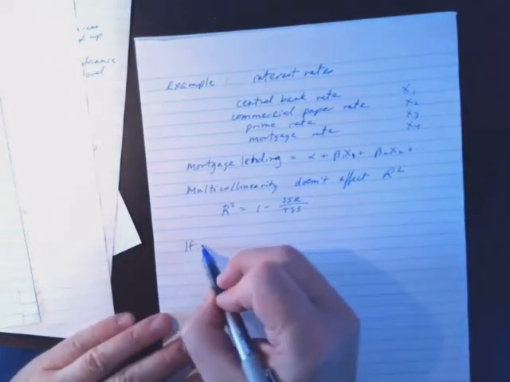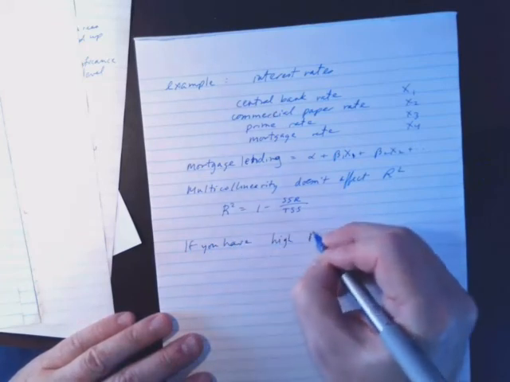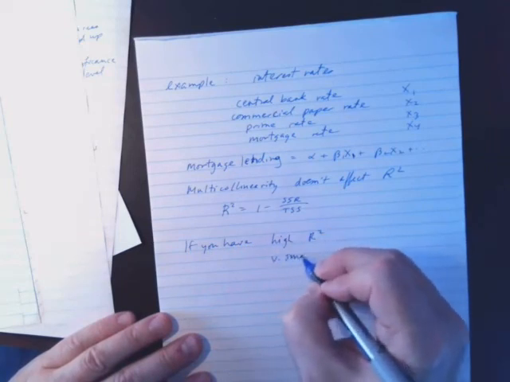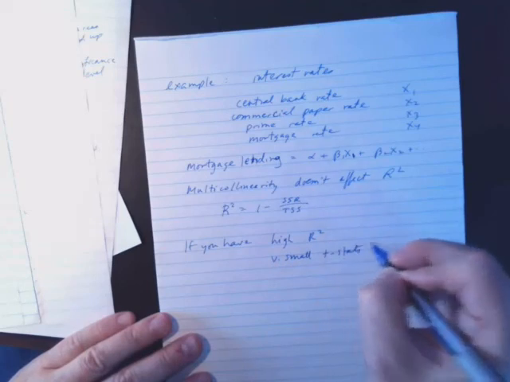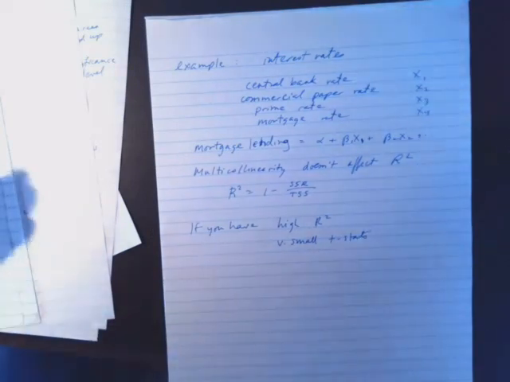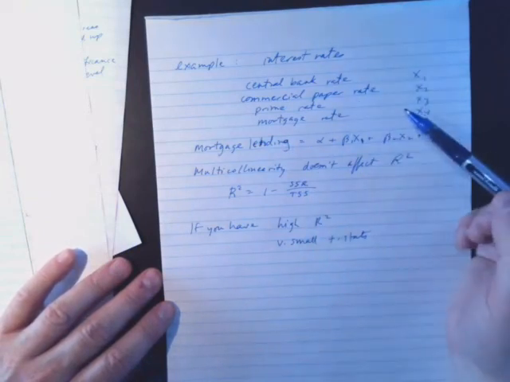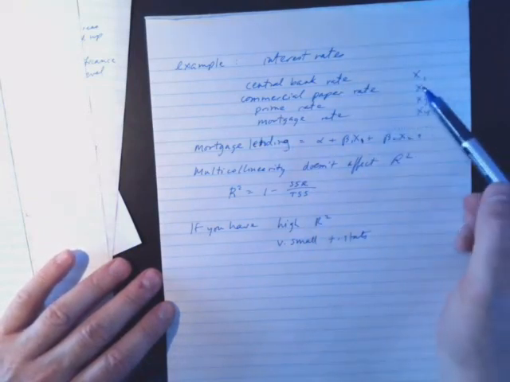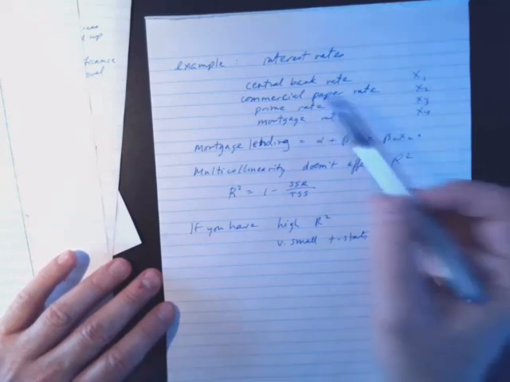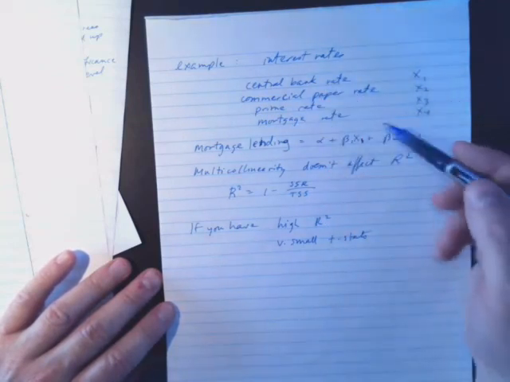So if you have a high r squared and very small t stats, you probably have a situation like this. They're probably just too correlated. If you had all four of those interest rates, the regression model would basically say, I don't know which of those has the explanatory power. Something in there has explanatory power, but I don't know which one.